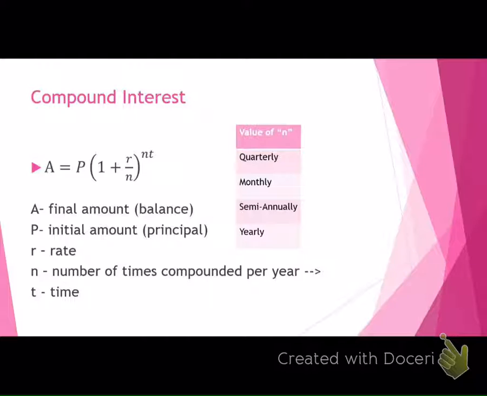This is the compound interest formula. When we're doing compound interest, you'll look for words like compounded is a word to look for to know it's compound interest, and not growth or decay.